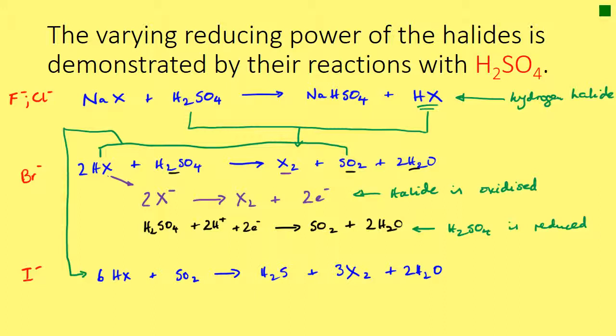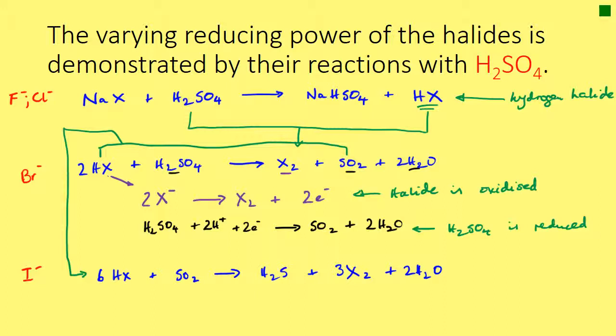This is the half equation here, so you get some sulfur dioxide and our 2 water molecules from here and here. So that's our other half equation, and you can see that sulfuric acid is reduced. Sulfuric acid is reduced. You can see that because it's accepting electrons. Good, okay.